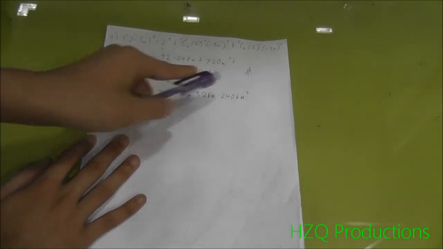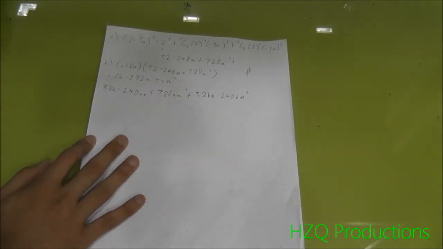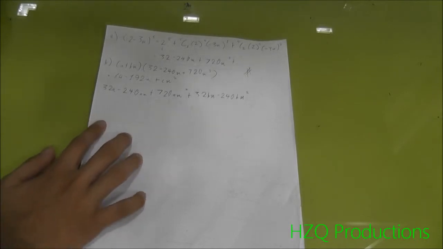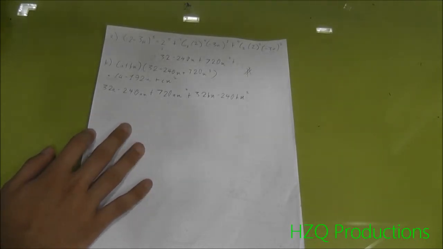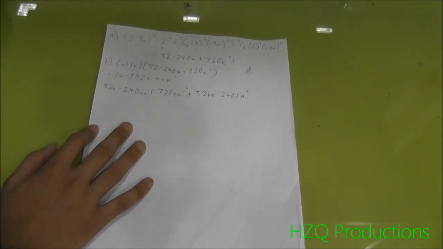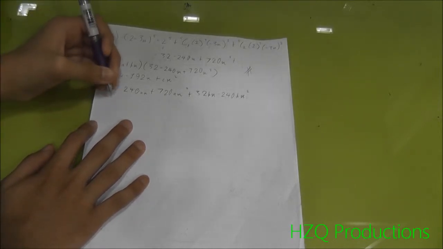Then you've got ax and bx, which is the second term. Then you've got x and x squared, showing that there are already three terms. So no need to multiply bx times 720x squared, because you are going to go beyond the third term. So be careful on that.